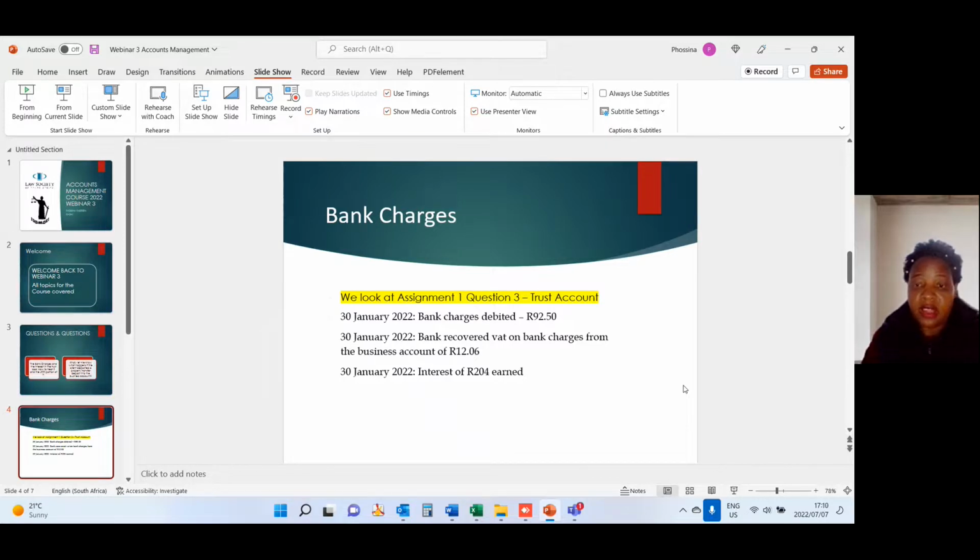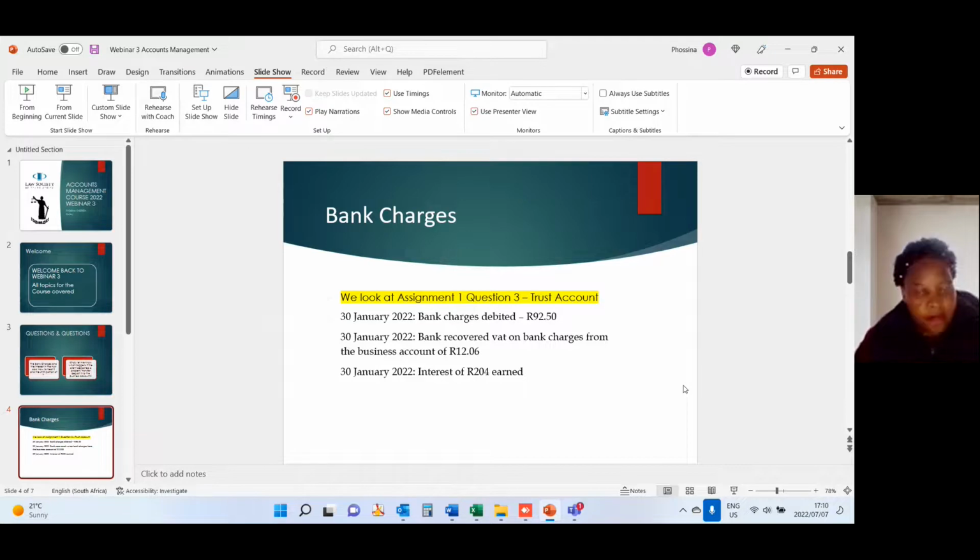As part of that question and the trust section of that, we had transactions where we had bank charges and then we had interest that was earned in the trust account. So this firm, we assume it is working and it has got money in the trust account and it is receiving interest. If a firm is not receiving interest, well, yes, the bank charges will always be debited and the bank then will equalize and recover.